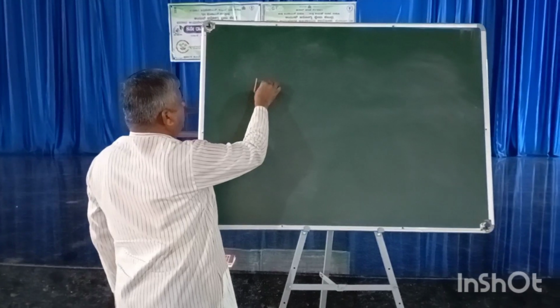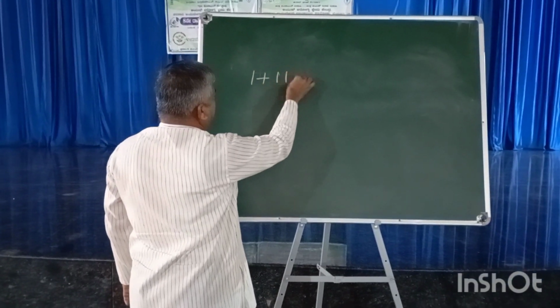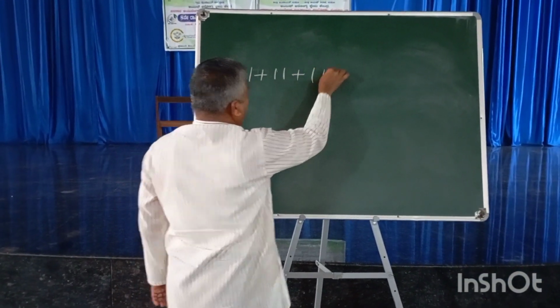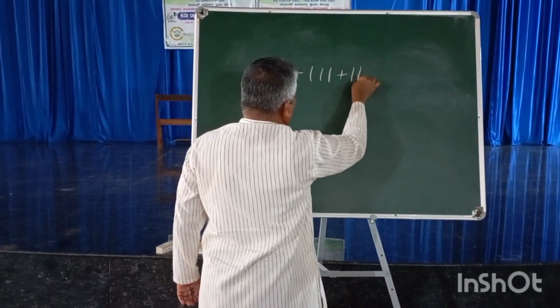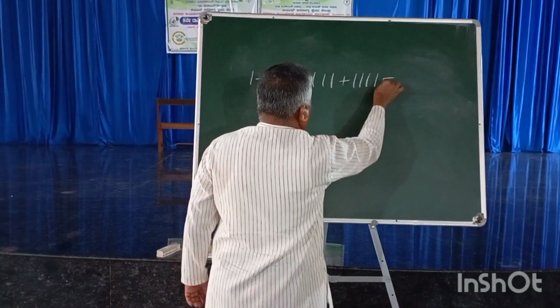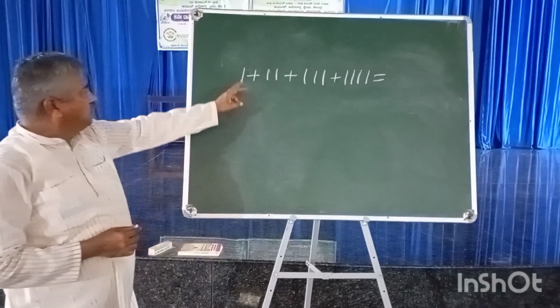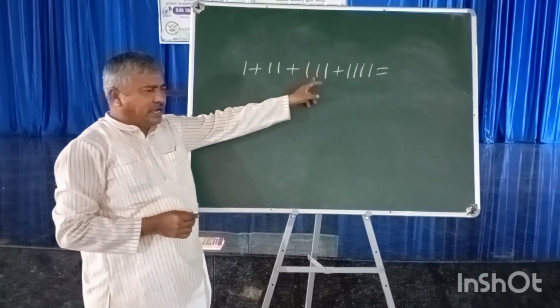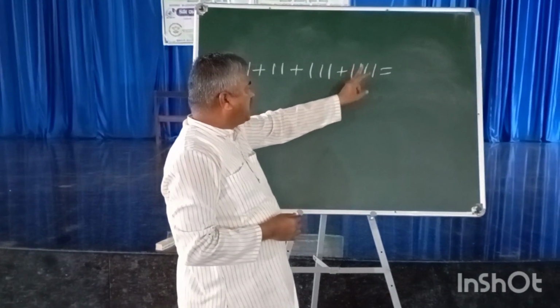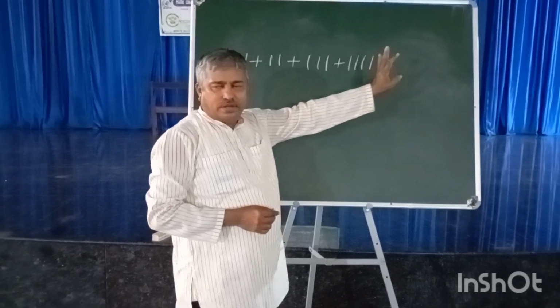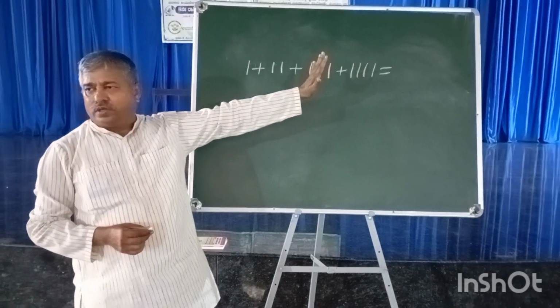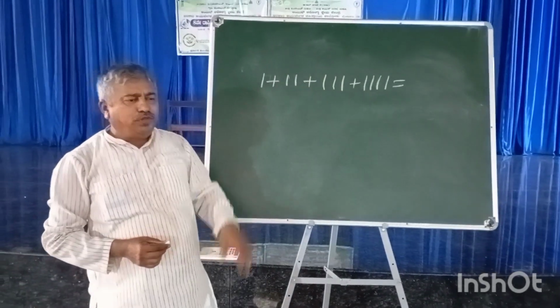Say 1 plus 11 plus 111 plus 1111. That is 1, 11, 111 and 1111. Is it right? Yes. Now addition of this.